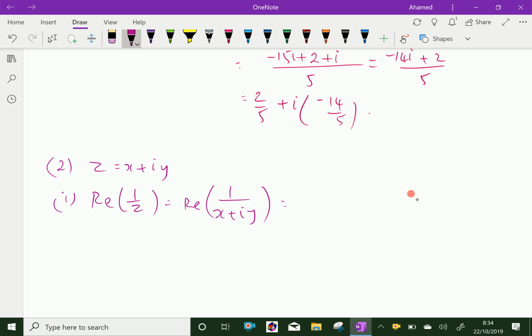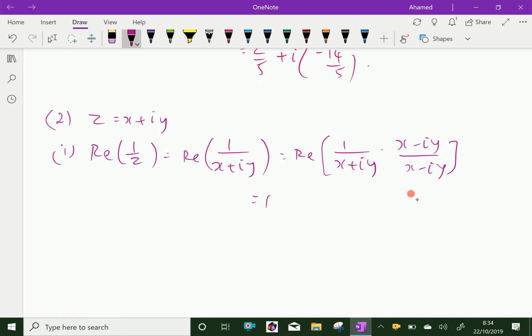Here, first we have to multiply with the conjugate of the denominator, that is 1 over x plus iy into x minus iy over x minus iy, which gives x square plus y square, top is x minus iy.